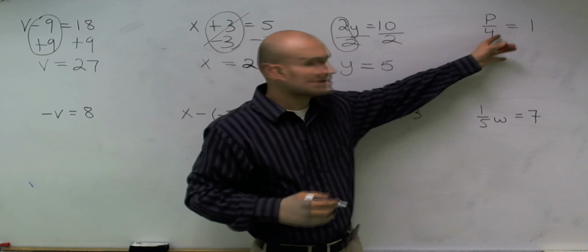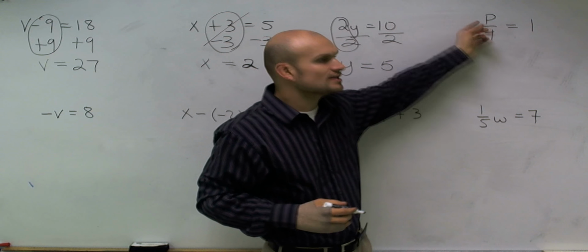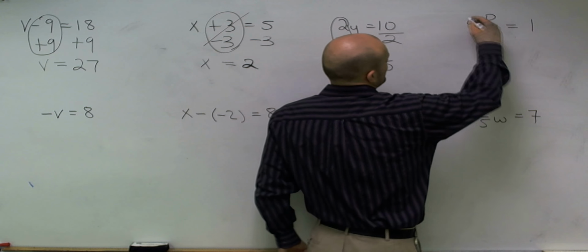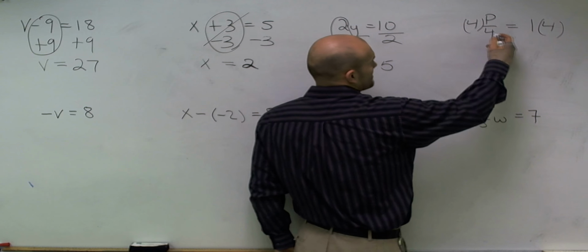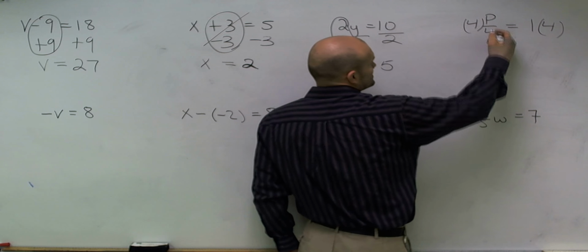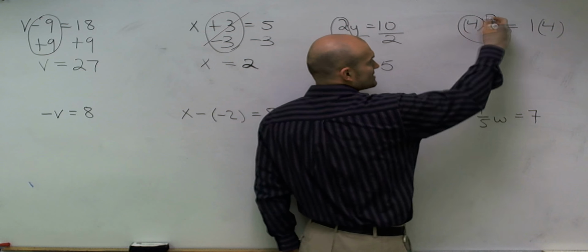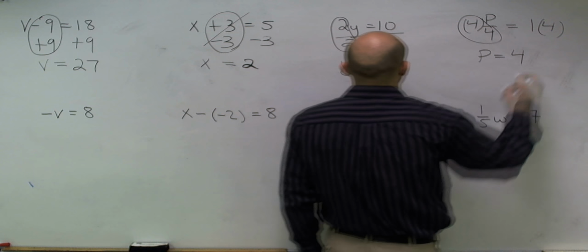For my final problem up here, I have p divided by 4 equals 1. So to undo division by 4, I'm going to want to multiply by 4 on both sides. So when I multiply by 4 on both sides, this cancels out to give me 4 divided by 4, which is 1. 1 times p is p. P equals 1 times 4, which is 4.